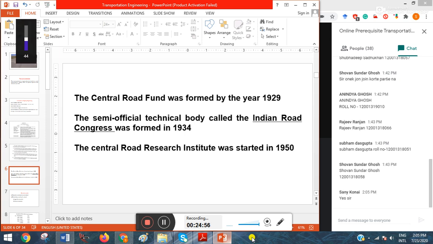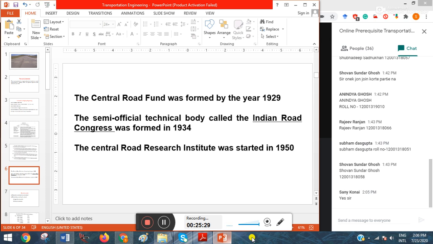Okay. The IRC has played an important role in the formation of the 20-year road development plans in India. This will come after this Jaigar committee part. Now the Indian Road Congress has become an active body of national importance, controlling specifications, standardization, and recommendations on materials, design, and construction of roads and bridges.